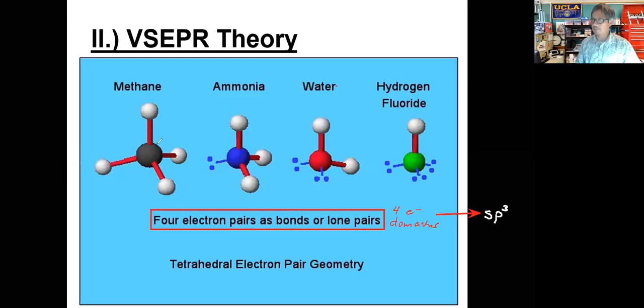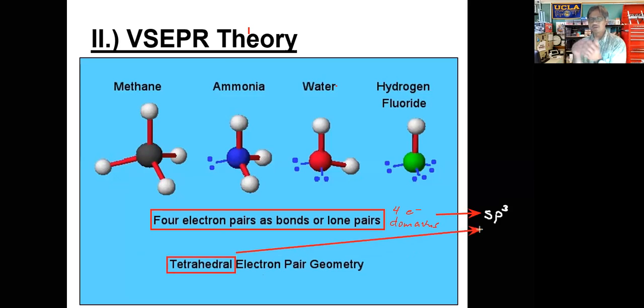Okay, so what we have then is that for each one of these, the electron geometry is going to be tetrahedral. The tetrahedral shape here refers to the electron geometry. And again, if you want to use that to help you as well, whenever you have a tetrahedral electron geometry, you know then that the hybridization will be, again, sp3.